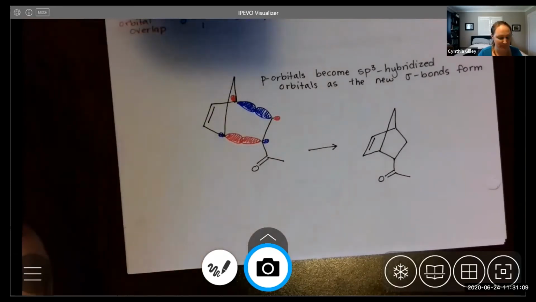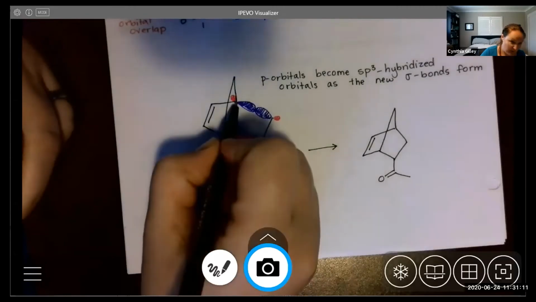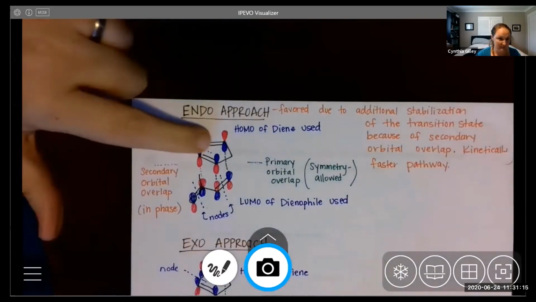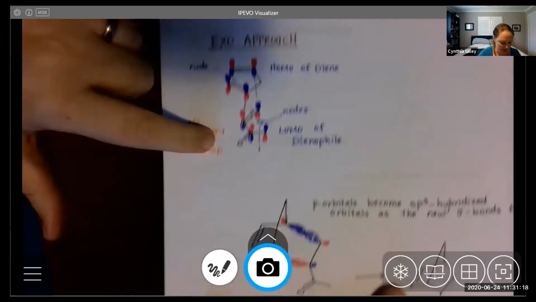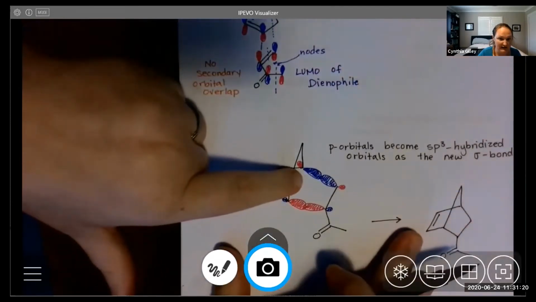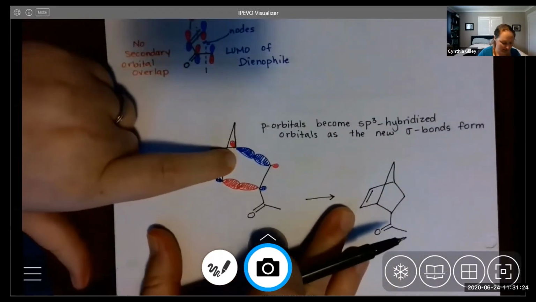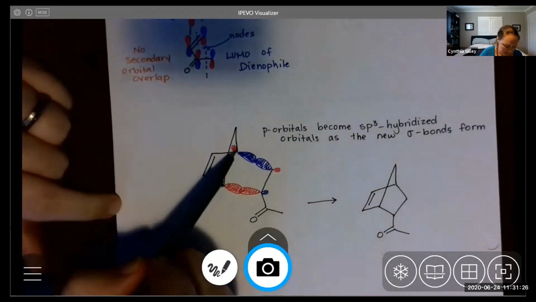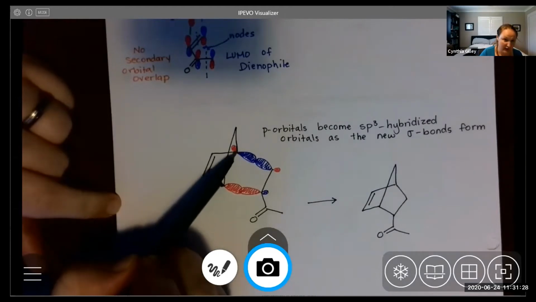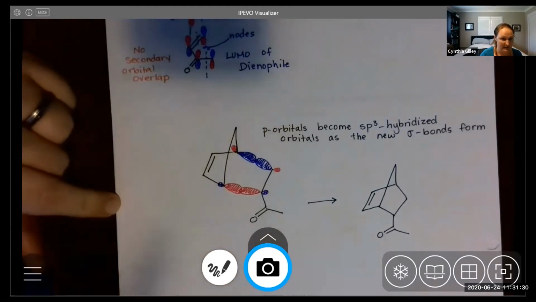and forms a bond. So this has now changed from what used to be an unhybridized p orbital to now a hybridized sp3 orbital. So this carbon, that p orbital changed to sp3. So this carbon underwent a change from sp2 to sp3.